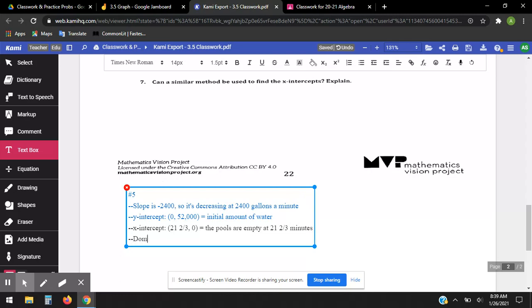Domain, we haven't done domain yet. Domain is the x's, so we go from 0 to 21 and 2/3. So that means it takes 21 and 2/3 minutes to drain the pool.